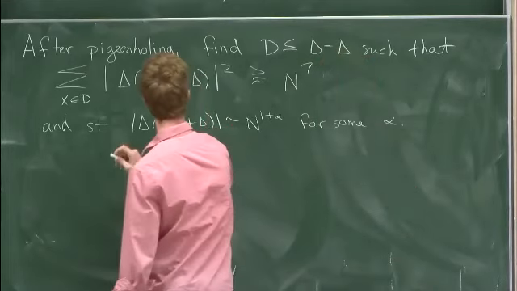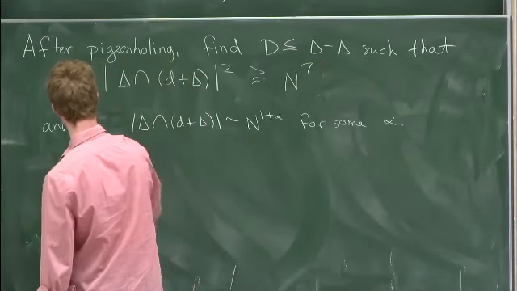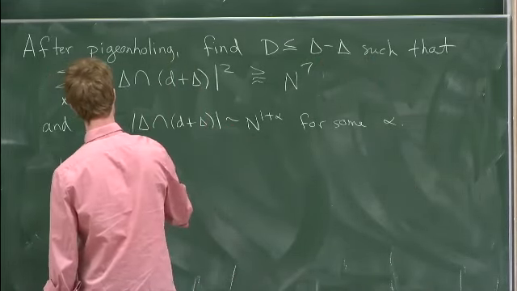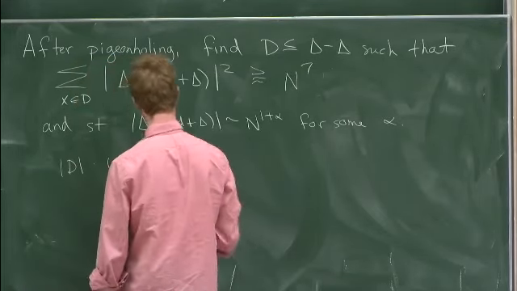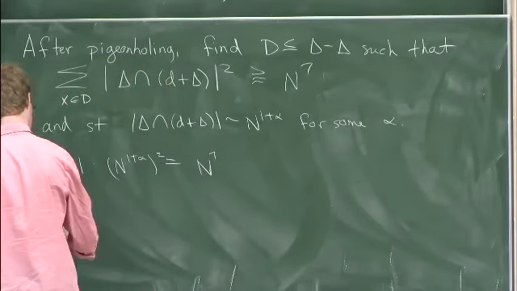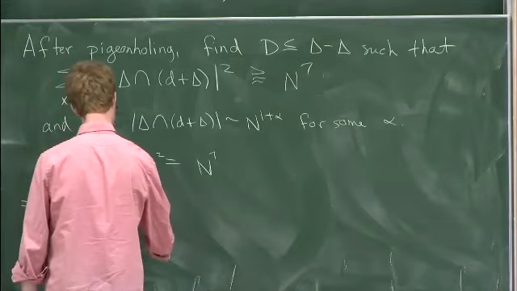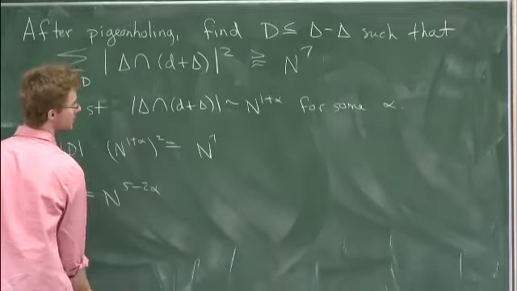So notice that in this situation we have size of D times n to the 1 plus alpha squared is equal to essentially n to the 7th. So this implies that size D is equal to n to the 5 minus 2 alpha. Okay, that number is going to be helpful for us.